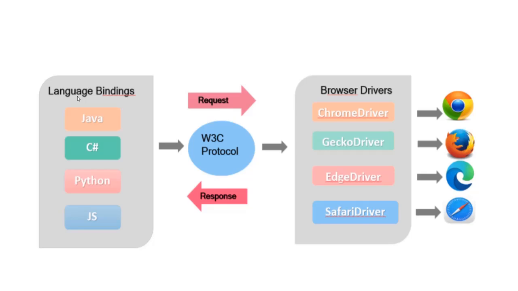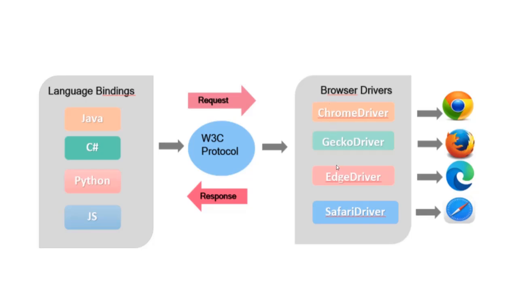Now I want to talk to the real browsers. How is it possible? Earlier, in Selenium 3, the JSON wire protocol was used. But in the Selenium 4 architecture, we are using this W3C protocol, correct? So after you have written the code in any of the languages, with the help of the W3C protocol, it will communicate with the respective browser drivers.